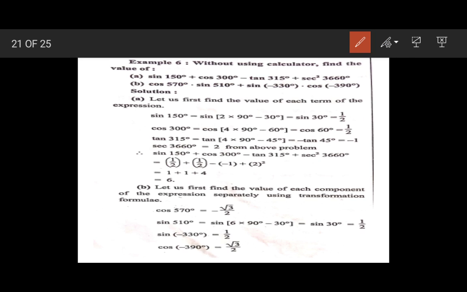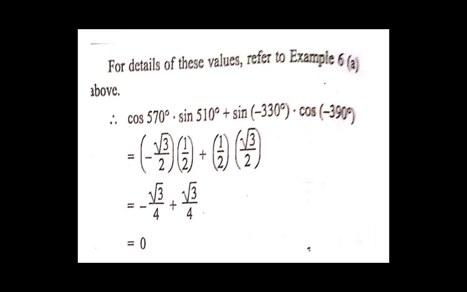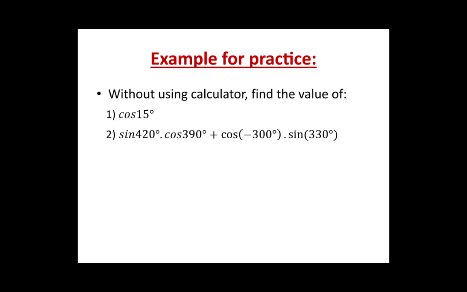Second example, cos 570 degree into sin 510 degree plus sin minus 330 degree into cos minus 390 degree. This sum is homework for you. Try to solve the sum. Similar method, you have to first reduce all the terms, okay.